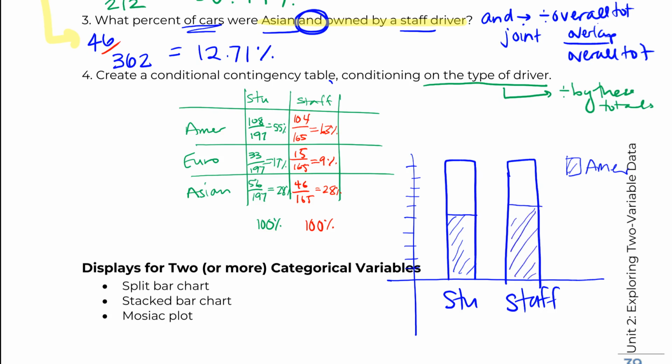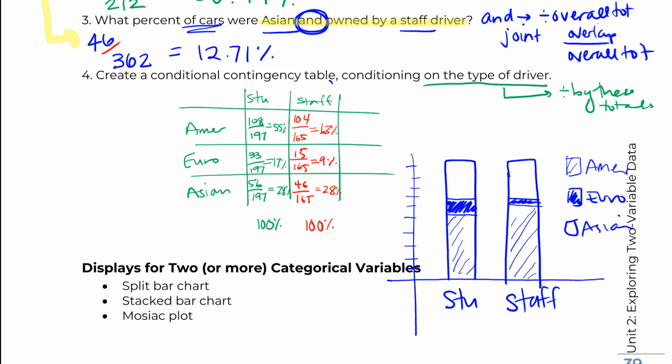European is 17%, so almost 2 bars for the students. And I'll make this one really dark. And it's only 9%, so just one little section for the staff. And then the rest is Asian. So I guess I should make that. This is a stacked bar chart.